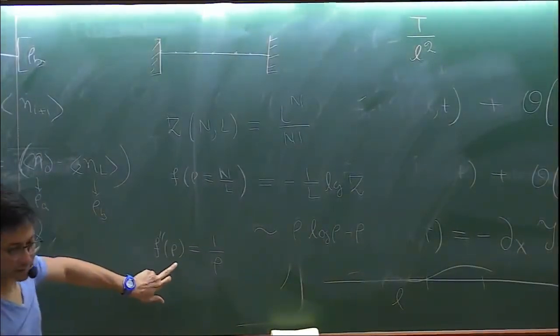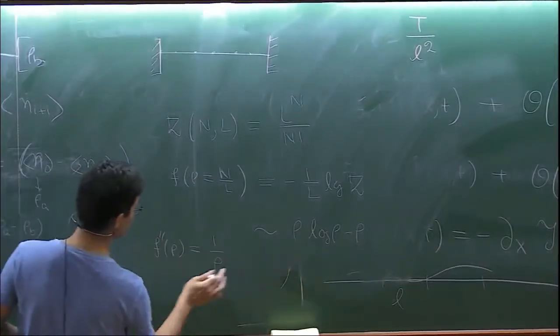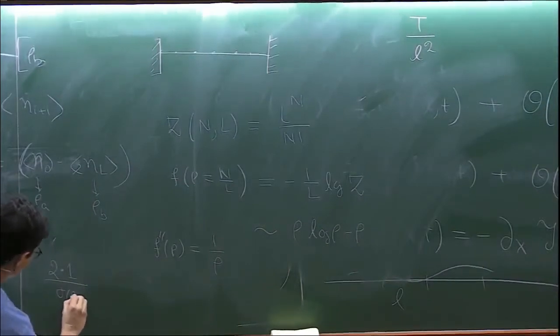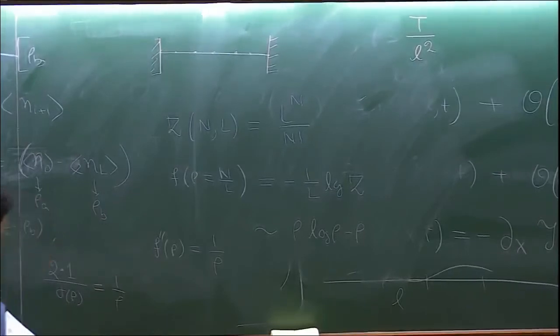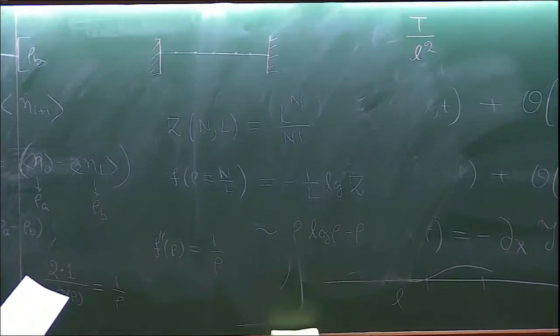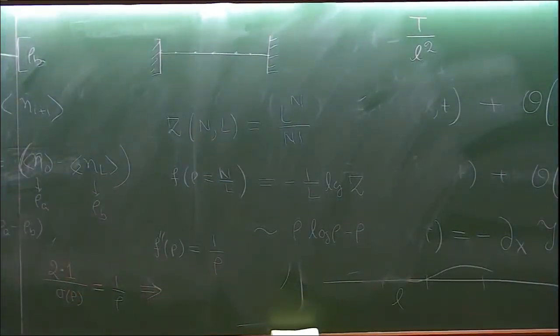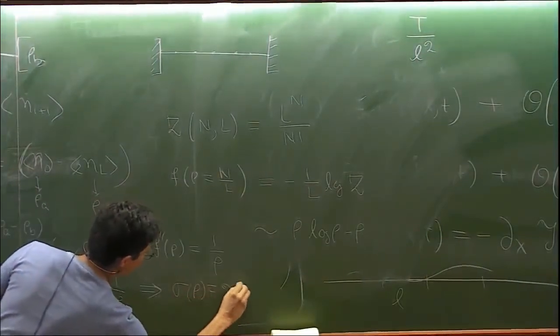So it's only a function of the density. I'm just taking the double derivative of this expression, which gives me 1 over rho, divided by sigma of rho. So this will tell me sigma of rho is equal to twice rho.